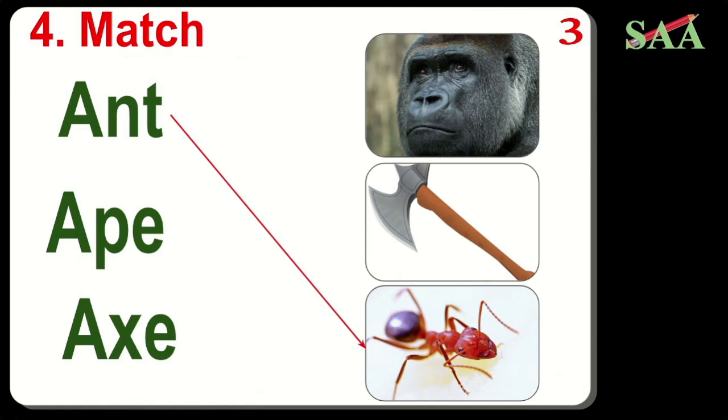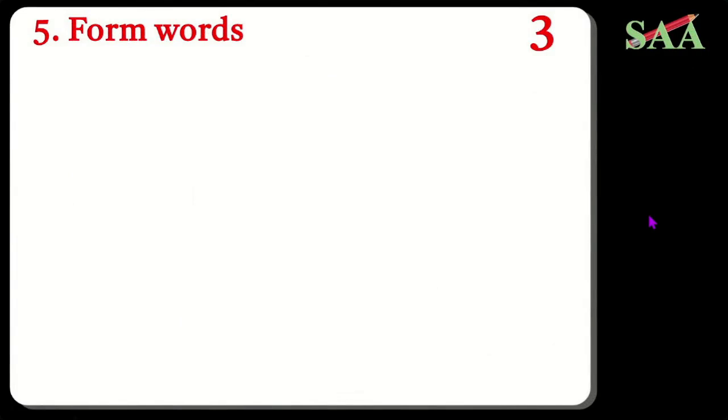So which is ape here, first, second, third? First. Yes, first picture there is an ape. And what about the last word? Axe. Which one is axe? Second one, right. Yes, the second one is the axe. Okay great.